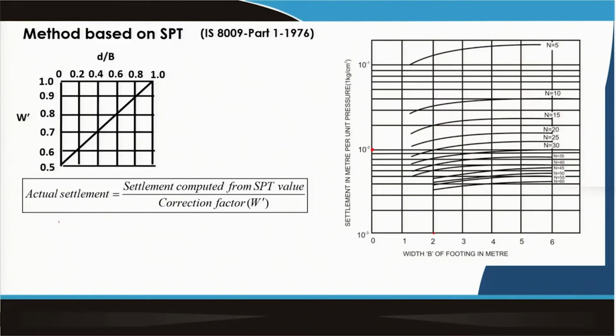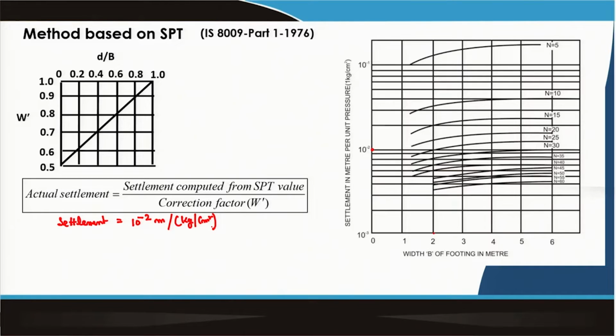Okay. So, the settlement value will be this one, 10 to the power minus 2 meter per kg per centimeter square. So, for 1 kg per centimeter square loading intensity, the amount of settlement is 10 to the power minus 2 meter from the chart.